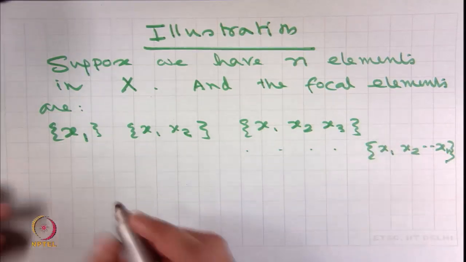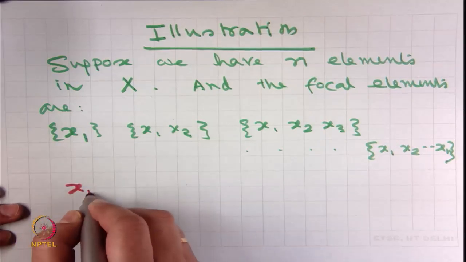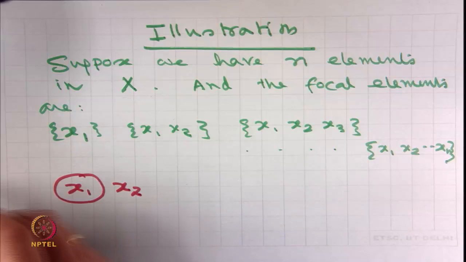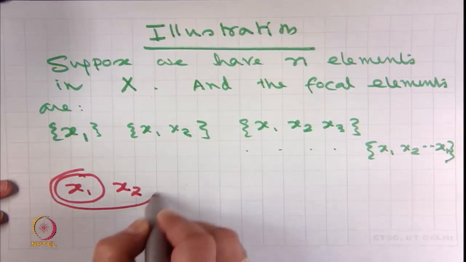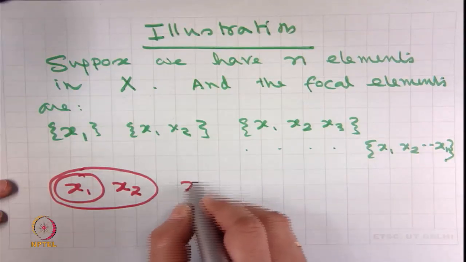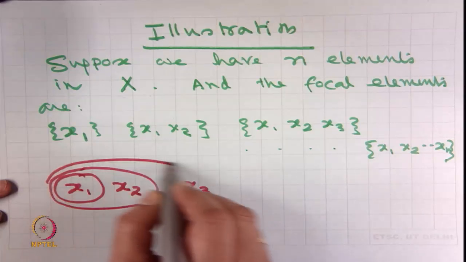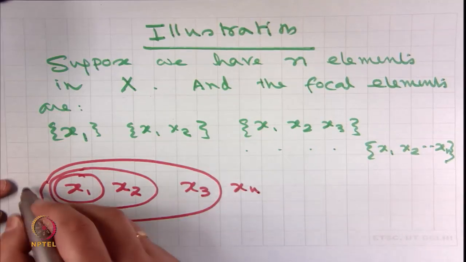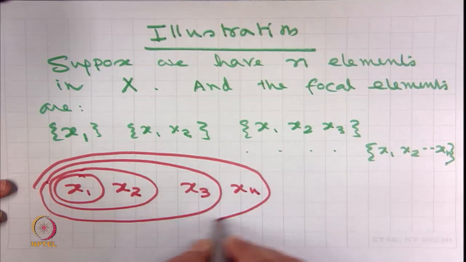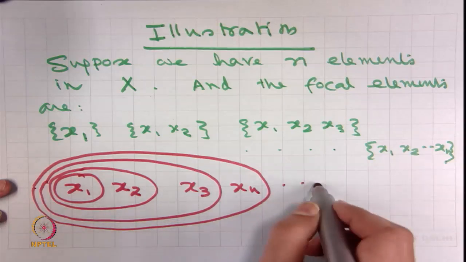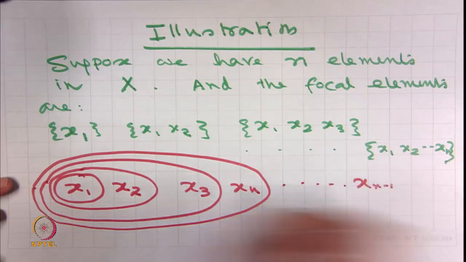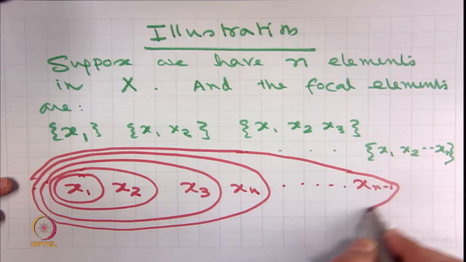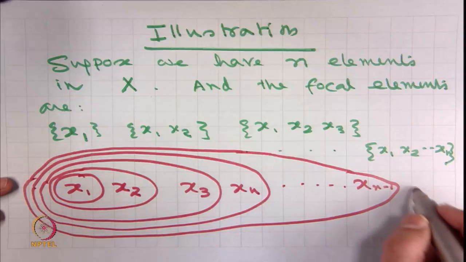Then we can arrange them as follows. One set is {x1}, the next set is {x1, x2}, the next set is {x1, x2, x3}, the next set is {x1, x2, x3, x4}, and like that we have up to {x1, x2, ..., x(n-1)} and {x1, x2, ..., xn}.